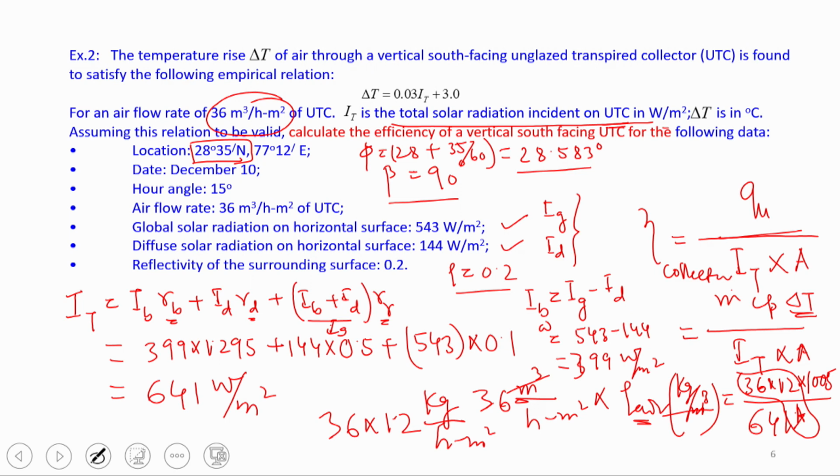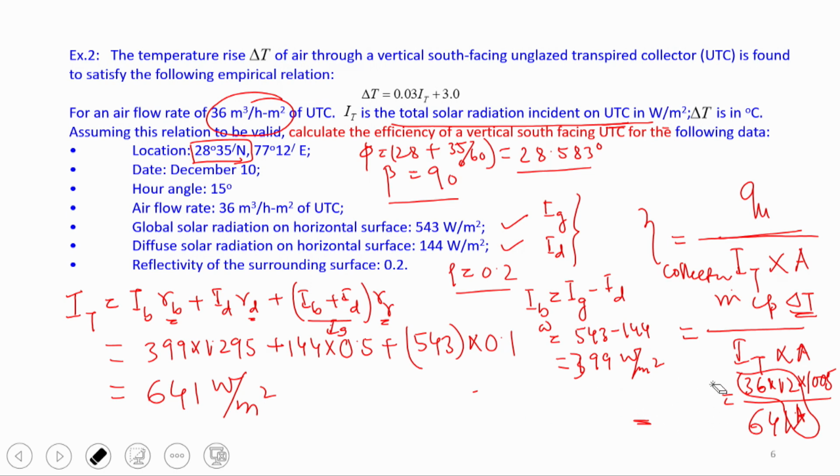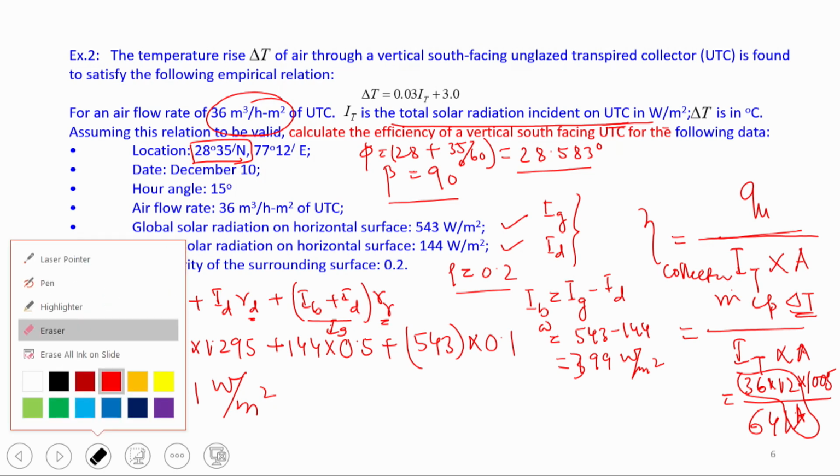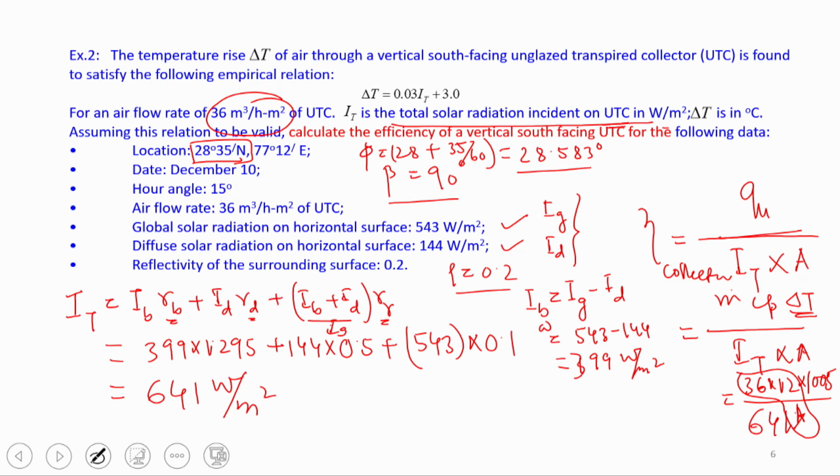Let's erase this part. Okay. Then delta T is how much? Can someone tell me? IT is 641, plus 3? How much? 22.23 degree Celsius, right?